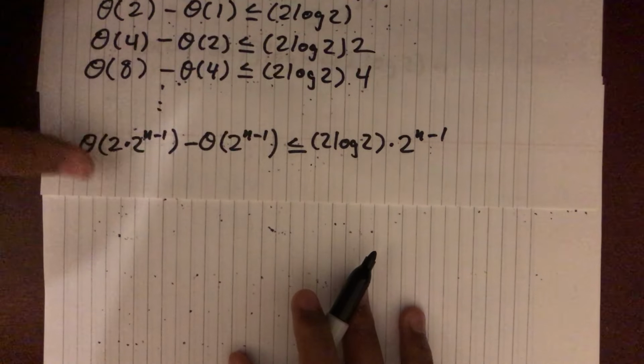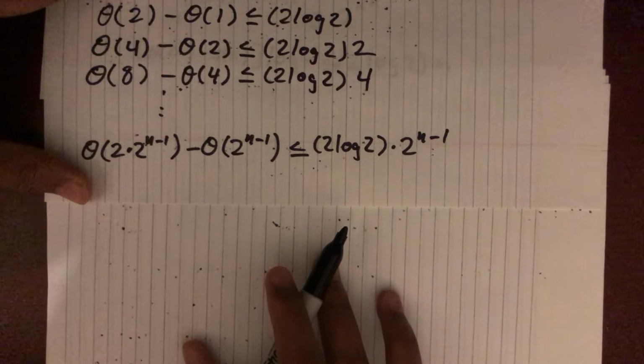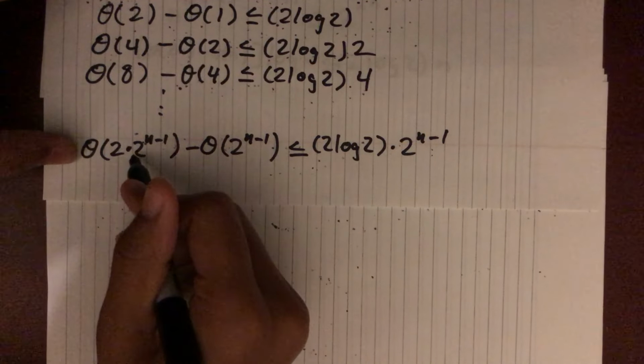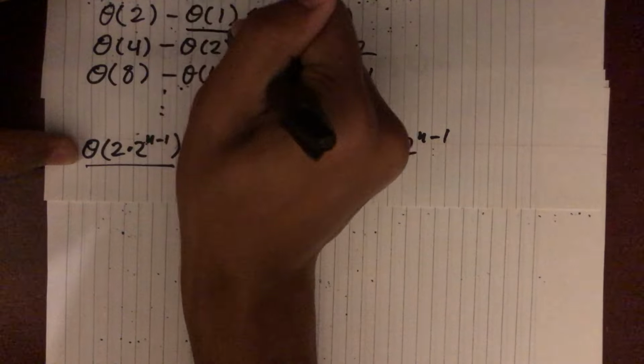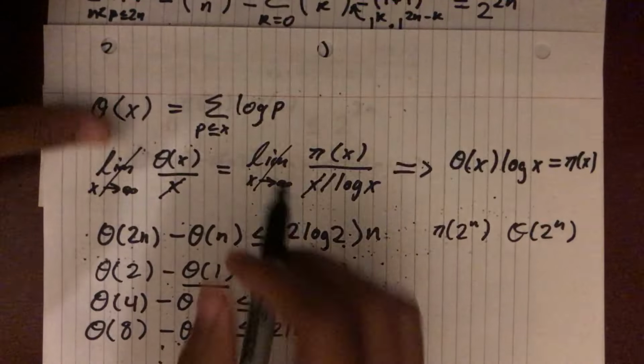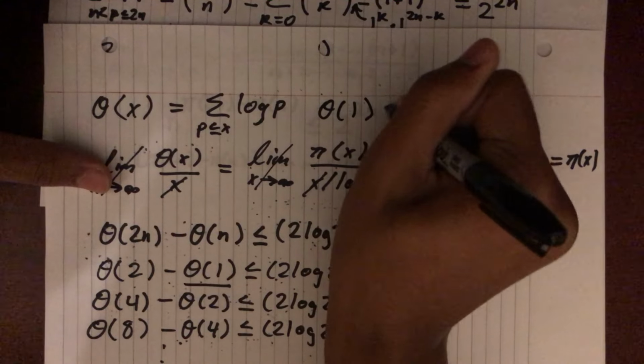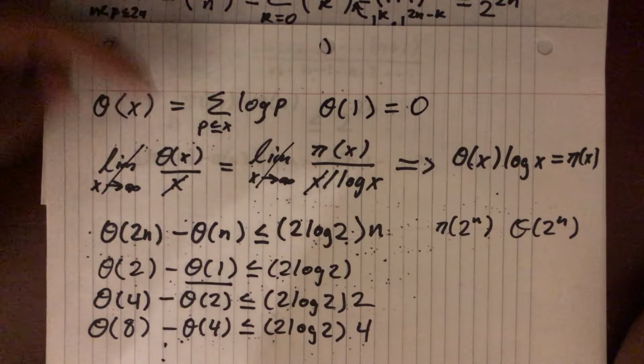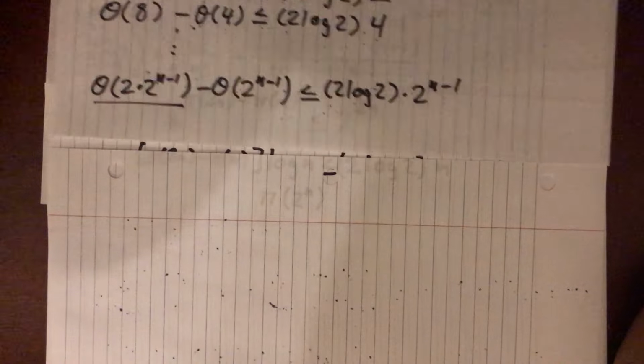It's sort of a diagonal cancellation. It sort of telescopes. So then if you add them all up, this doesn't cancel and this doesn't cancel. But if you look back at our formula for theta of x, theta of 1 should just be 0, right? Because there are 0 primes less than or equal to 1 to even begin with.